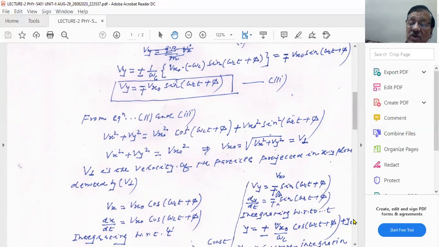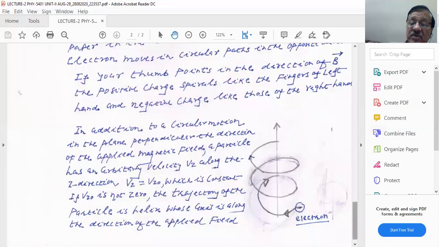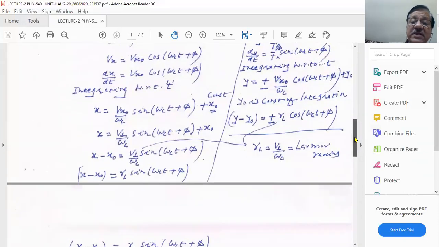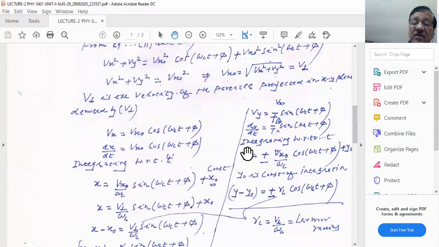Integrate with respect to t on both sides. The integration of sine is minus cos, so it is plus or minus Vx0 divided by omega c, the cosine of omega ct plus phi, and y0 is the constant of integration.